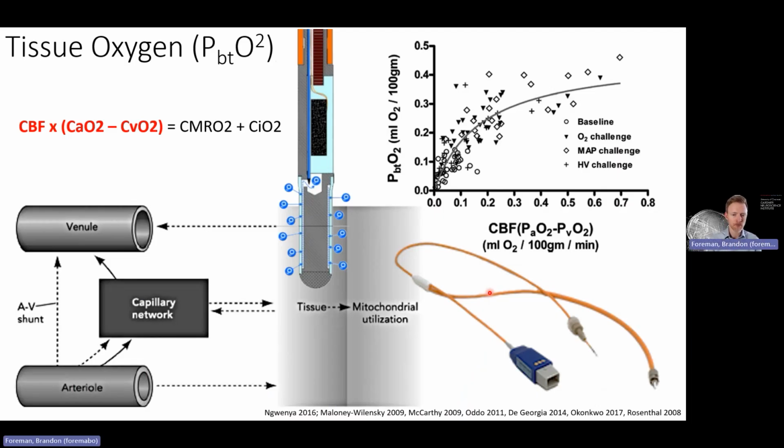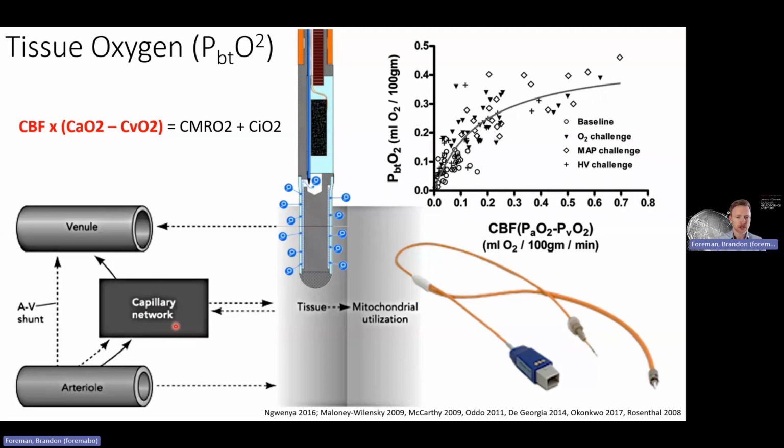So at its core, a brain tissue oxygen monitor is measuring the tension of oxygen itself within the tissue. That's the oxygen that freely dissolves out of a solution as that solution travels, in this case, across a capillary bed.